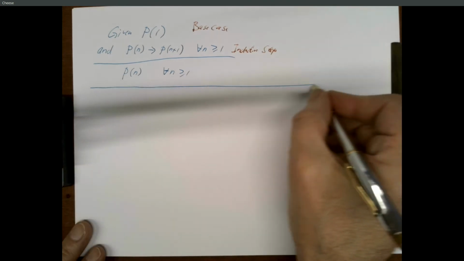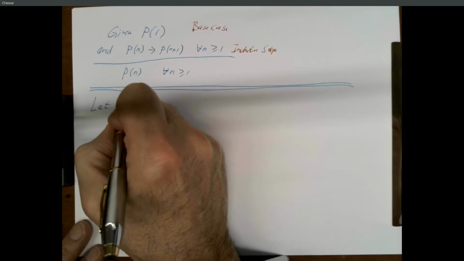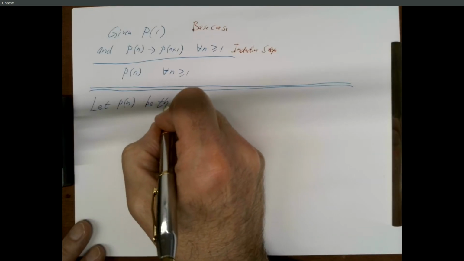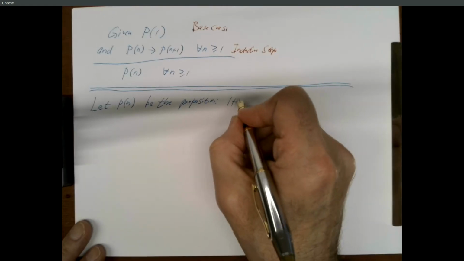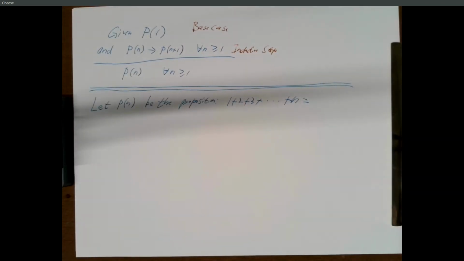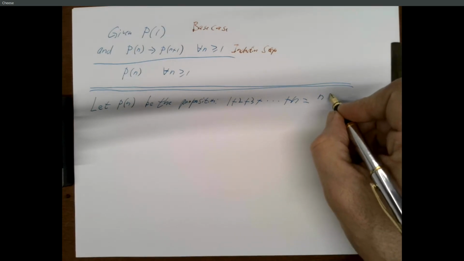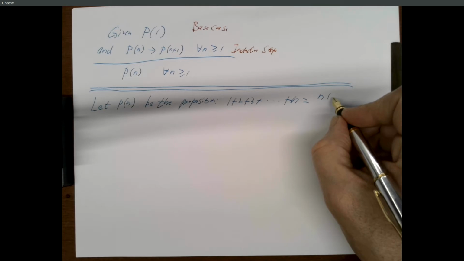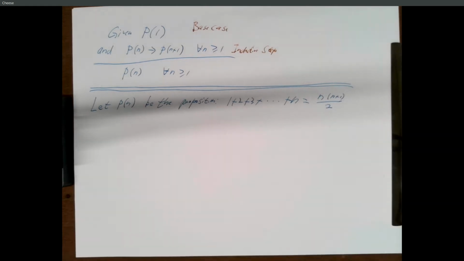Okay, so let's do some more examples, and let's go back to some mathematics. Let P of n be the proposition 1 plus 2 plus 3 plus ... plus n, the sum of the first n integers, is equal to n times n plus 1 divided by 2.